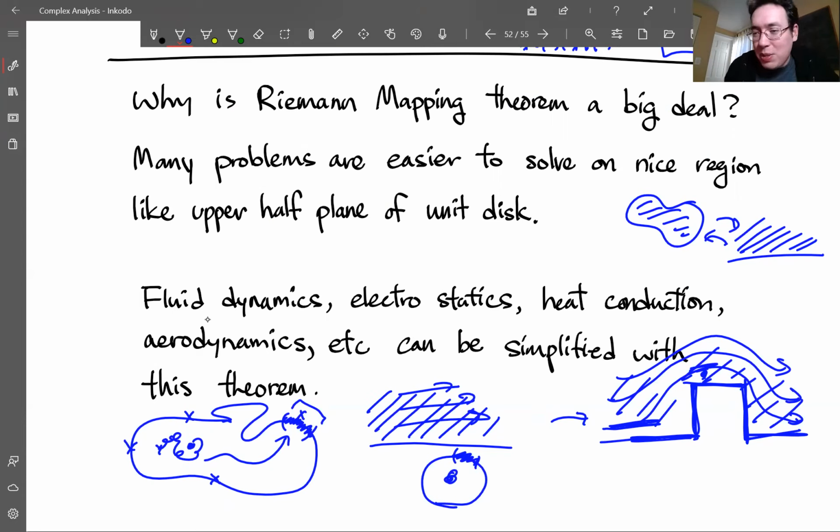This seems like a very weird computation to make, but if you understand how random particles move through an object, then you understand how heat propagates through that object. So if you want to know how heat spreads on a very weird shape, you just have to understand the heat flow on the unit disk, and then you are able to compute it by looking at the conformal map between the two.